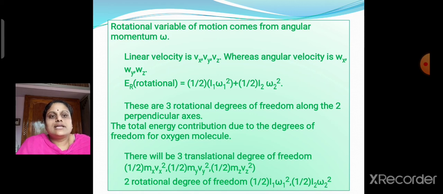These are the two rotational degrees of freedom along the two perpendicular axes. The total energy contribution due to the degrees of freedom of the oxygen molecule will be half mx Vx square plus half my Vy square plus half mz Vz square plus half I1 omega1 square plus half I2 omega2 square.